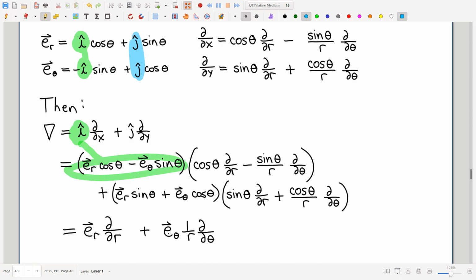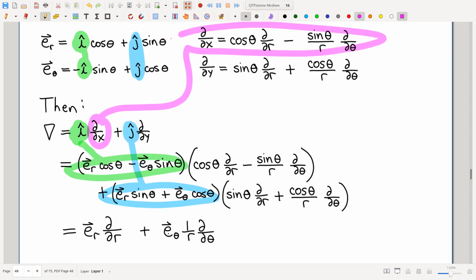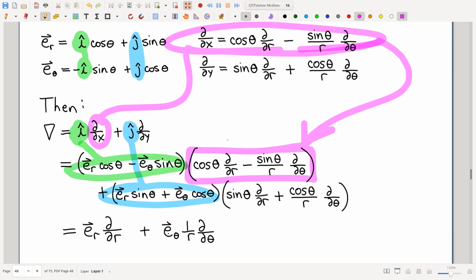You can straight up solve for j. And we already have d by dx. d by dx is already known to be that. And likewise d by dy. So all I did is take the things that make up the del operator and, one little piece at a time, write them in polar coordinates.